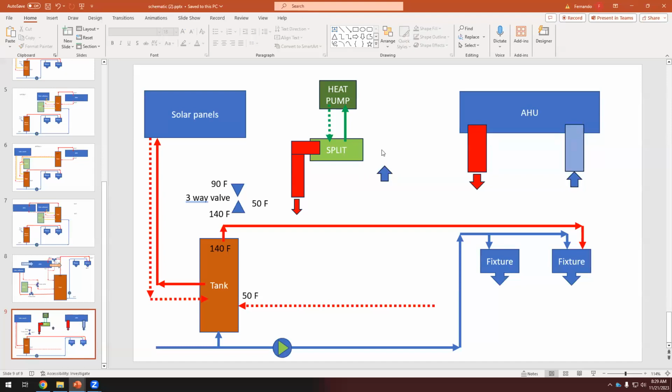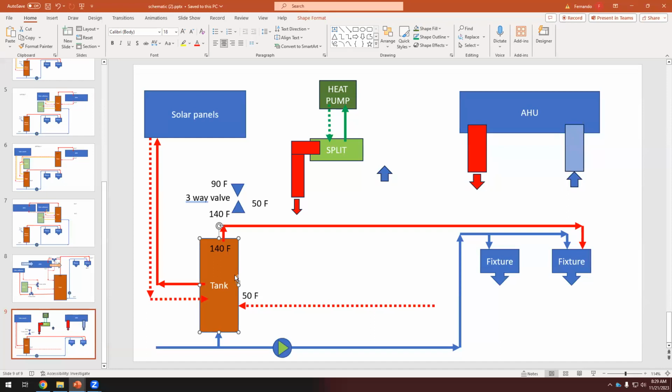Okay, so there's a return air here, and we have this plenum space, and the split is connected. So what's left? Just the electric water heater connected to this tank.